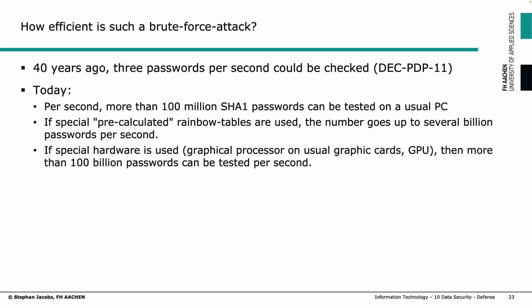And if you have special hardware, and I'm not talking about some supercomputer here, I'm talking about a usual computer you can buy at Aldi, and you plug in some additional graphic cards which contain GPUs, and in combination with these rainbow tables, you can then crack 100 billion passwords. You can test 100 billion passwords per second.